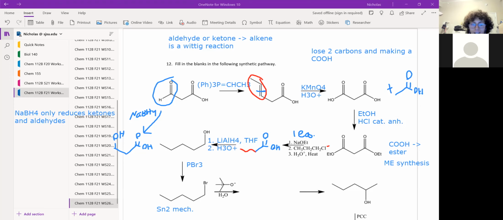Primary prefers SN2, so that's why we had to use PBr3 to do this. But whenever you use PBr3, it's going to be an SN2 mechanism. Or SOCl2.